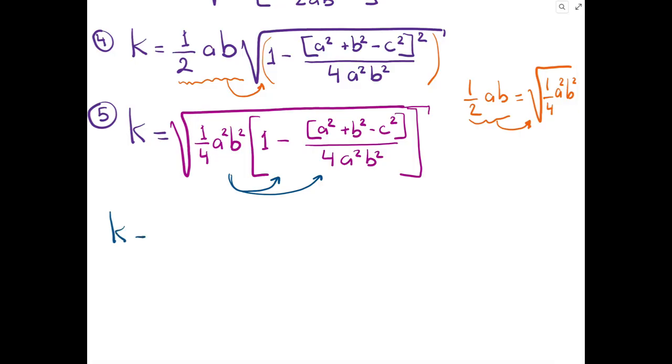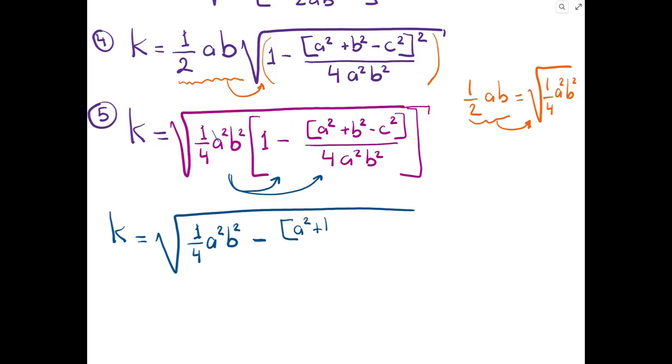So K equals, distribute, so 1 times that will just be 1 over 4 a squared b squared, minus that 4 and that 4 are becoming over 16, but the a squared and the b squared are going to cancel each other out. So I'm going to have a squared plus b squared minus c squared over 16, right? Because 4 times 4 is 16, but the a squared, b squared are canceling each other out. Okay, so I'm here now.